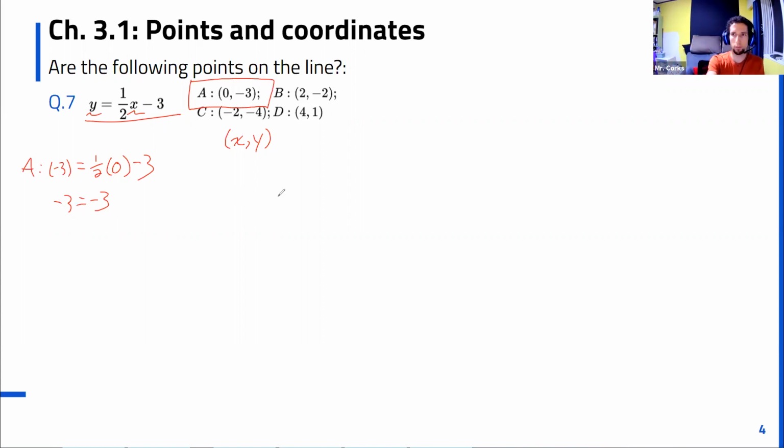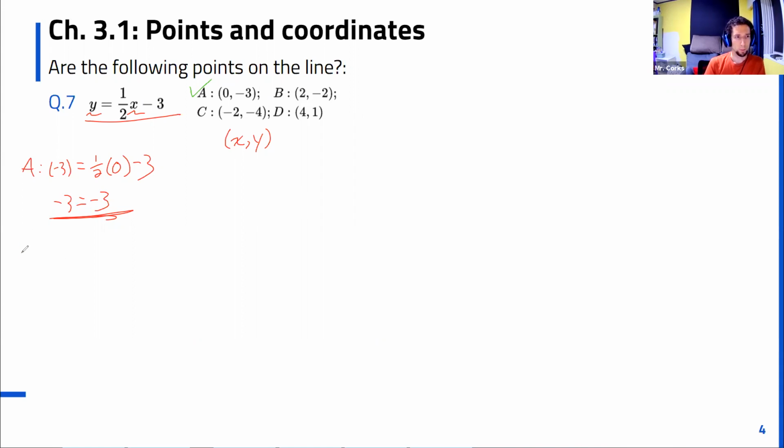This is the final form. We just have to interpret. Yes, it is on the line because the two sides are equal. If it was not equal, it wouldn't be on the line, but the two sides are equal. So yes, we get a check mark here. A is on the line.